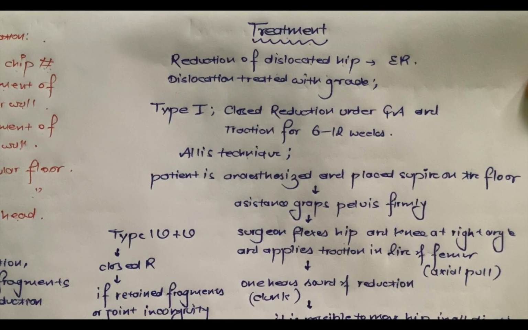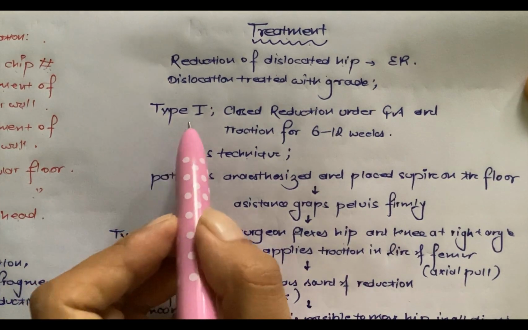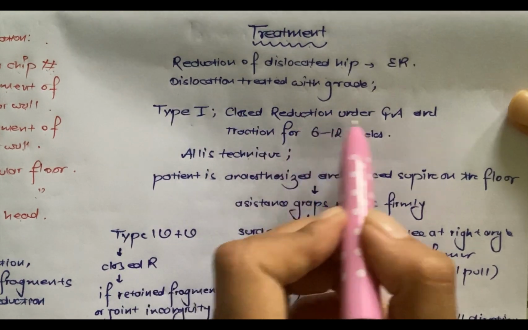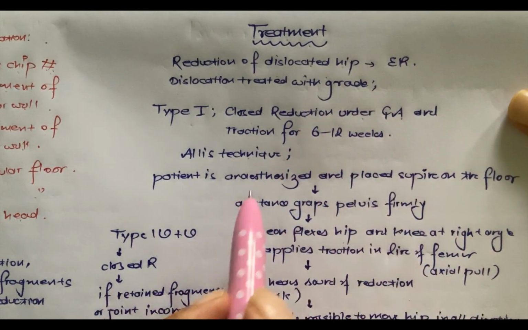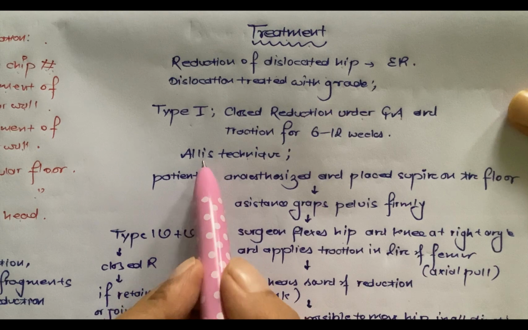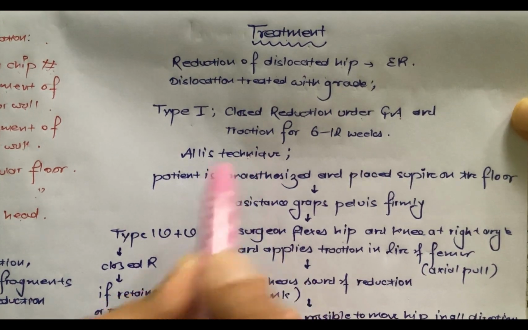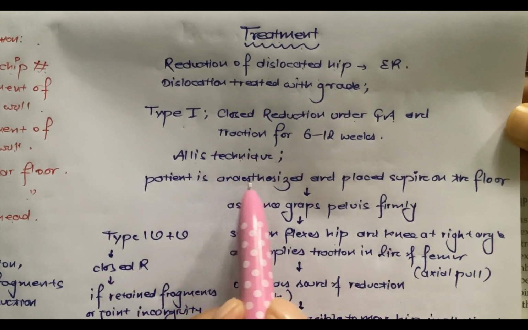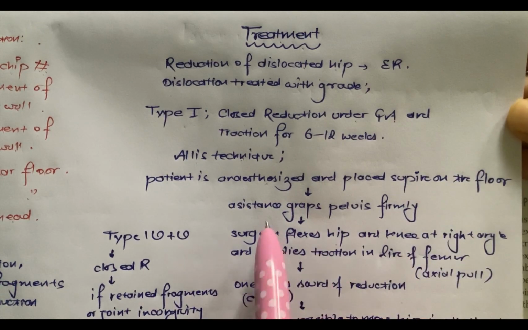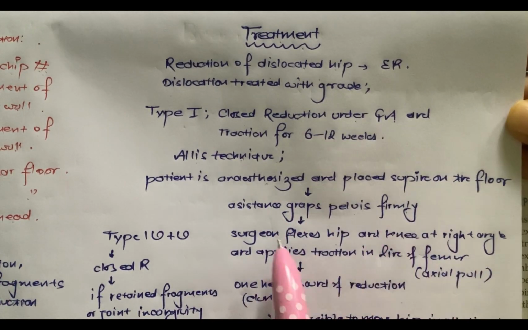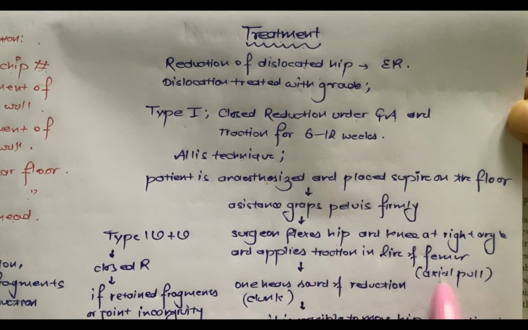As we have already discussed, the treatment is based on the type of the dislocation. For type 1, there is closed reduction under general anesthesia, and we will do that by the Ellis technique. In the Ellis technique, the patient is anesthetized and placed supine on the floor, the assistant grabs the pelvis firmly, and the surgeon flexes the hip and knee at a right angle and applies traction in the line of the femur, that is axial pull.